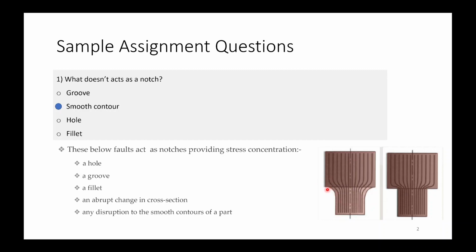This periphery, these are all contours, so it should be smooth here. If this is smooth, then these stress lines that are shown here won't be concentrated at a particular point, which won't be increasing your stress concentration. Okay, ma'am.